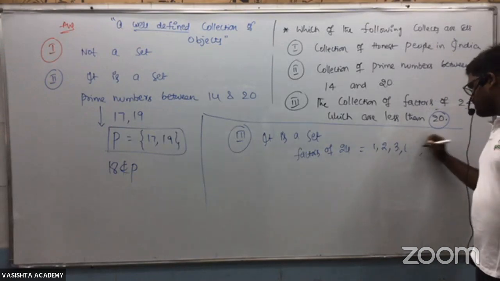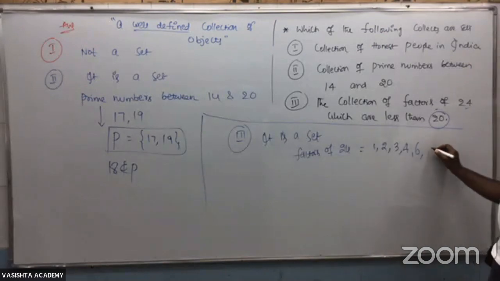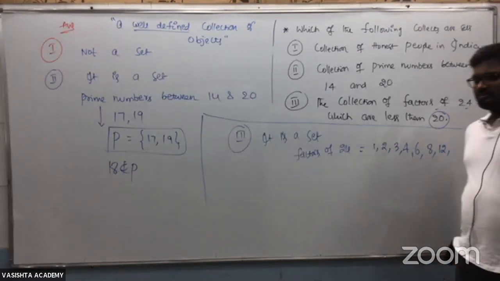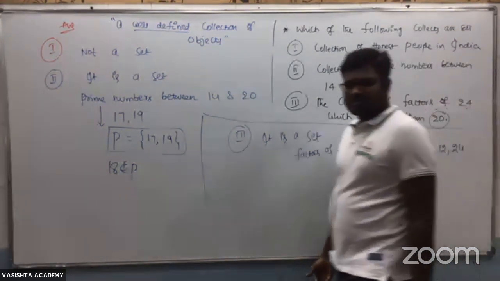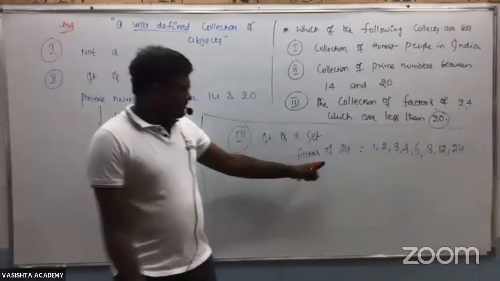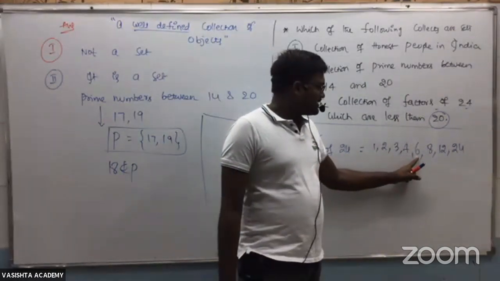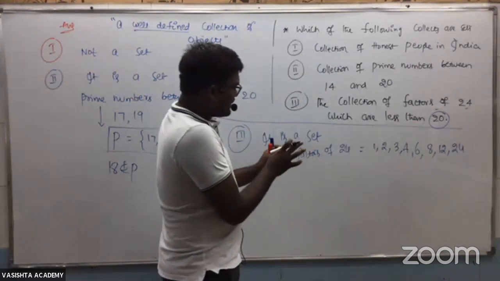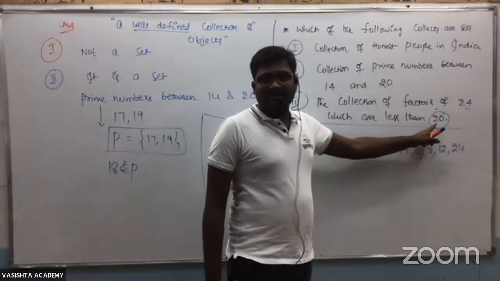Okay, let me write 4 here. 4, 6, 8, 12, and then that's it. And the number itself, 24. Is it correct? So the factors of 24 are 1, 2, 3, 4, 6, 8, 12, 24. Isn't it? But we are taking only the collection of factors of 24 which are less than 20.